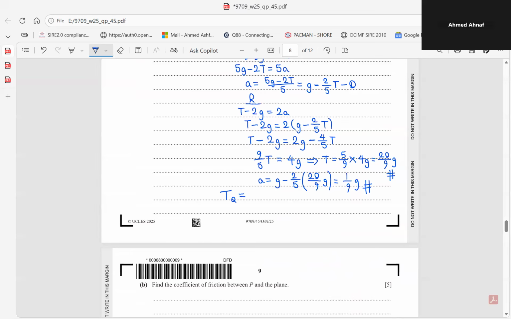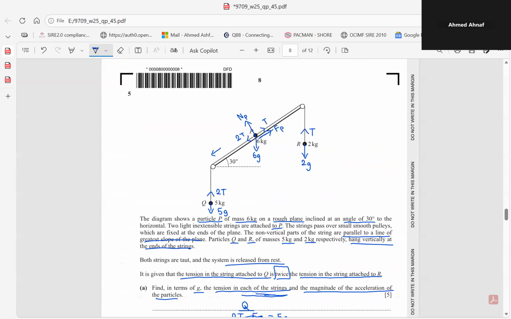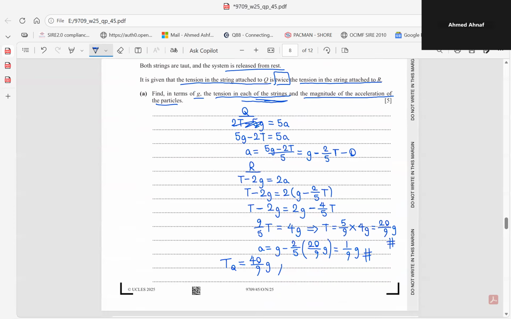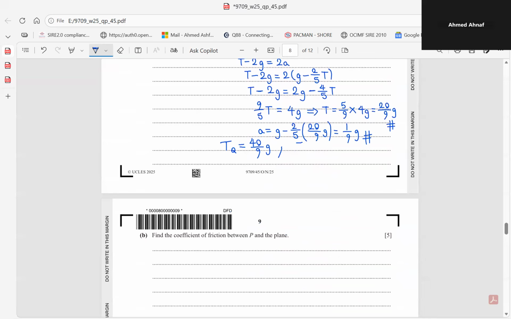So TQ is just going to be 2 times 20 over 9, which is 40 over 9g. And then TR, that's the other one. So TR is 20 over 9g. So yeah, these two are our final answers.